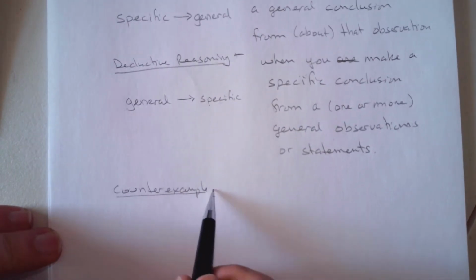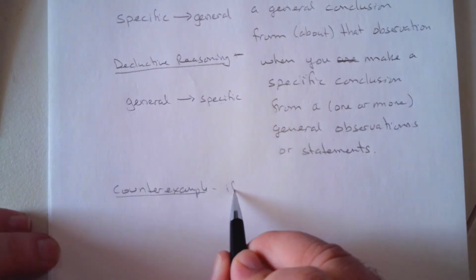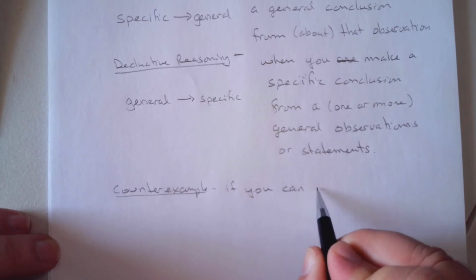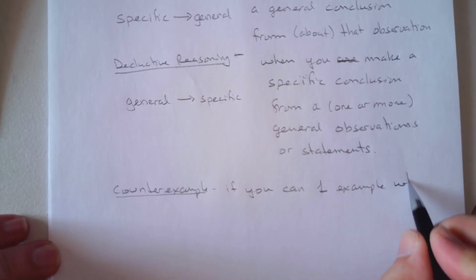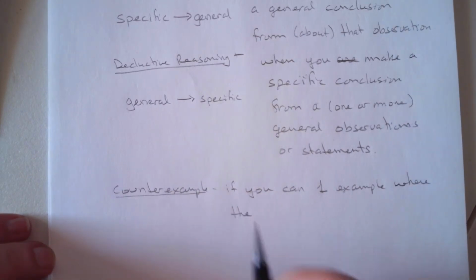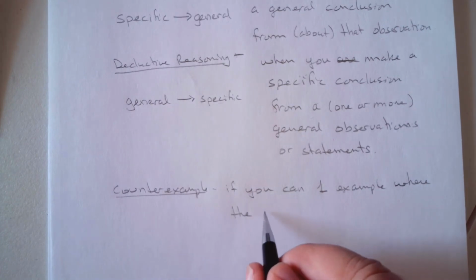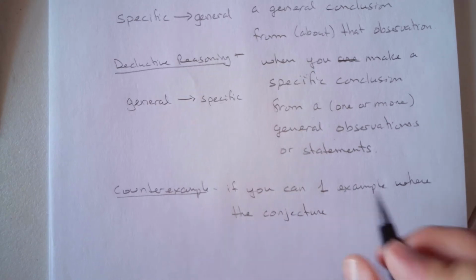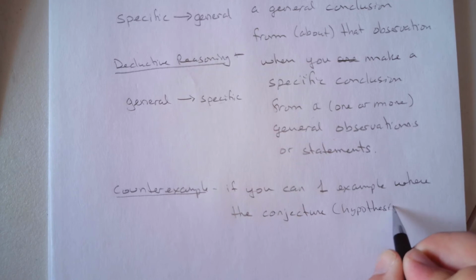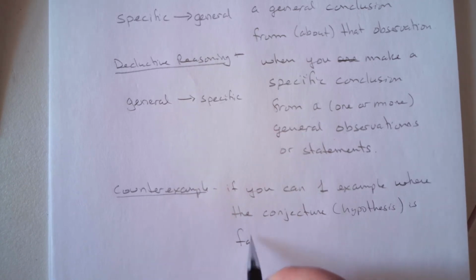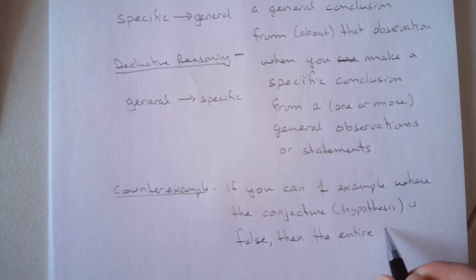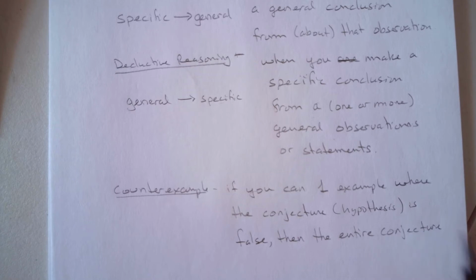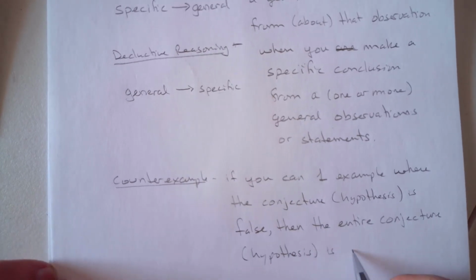A counterexample: if you can find one, just one example where the conjecture or hypothesis is false, then the entire conjecture or hypothesis is incorrect.